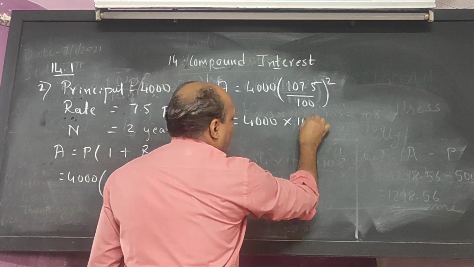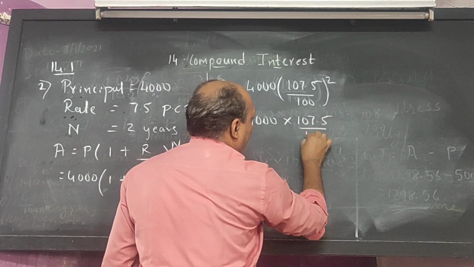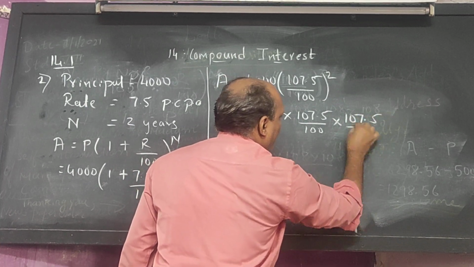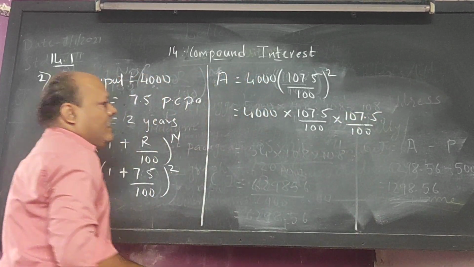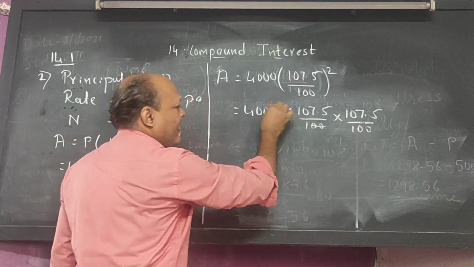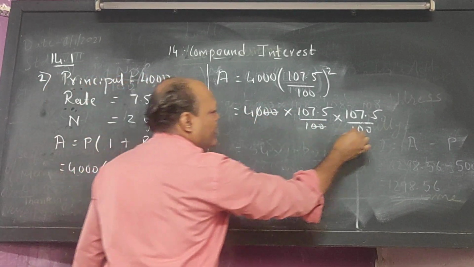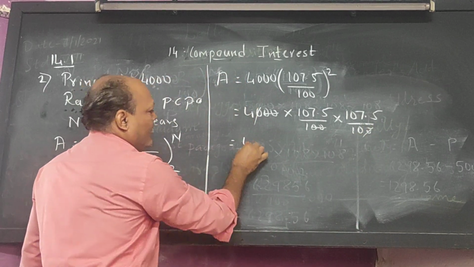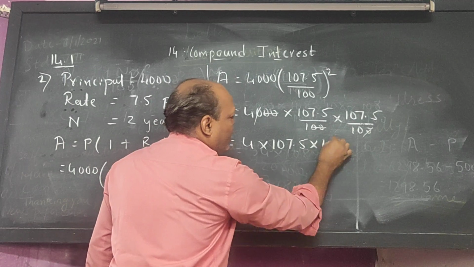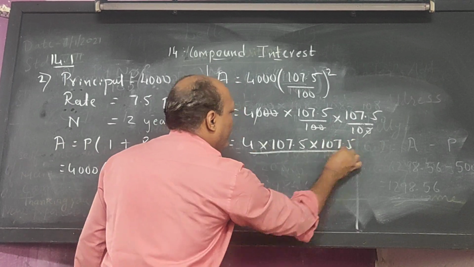Into 107.5 upon 100, into 107.5 upon 100. Now we go for the cancellation. Those 0 cancel. Your 10 can cancel. Now 4 into 107.5 into 107.5 upon 10.